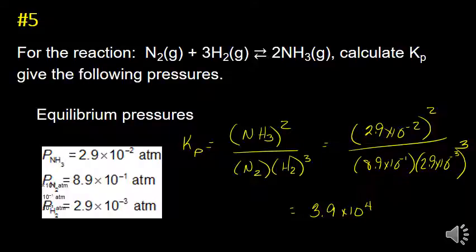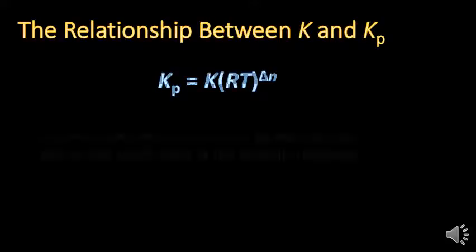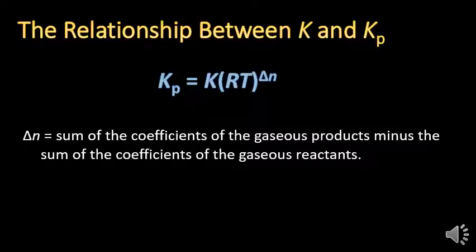Now, there is a relationship you can get from pressures to concentration using this handy-dandy equation. I'm not going to require that you memorize the equation. I almost never use it. Delta N is the sum of the coefficients of the gaseous products minus reactants.